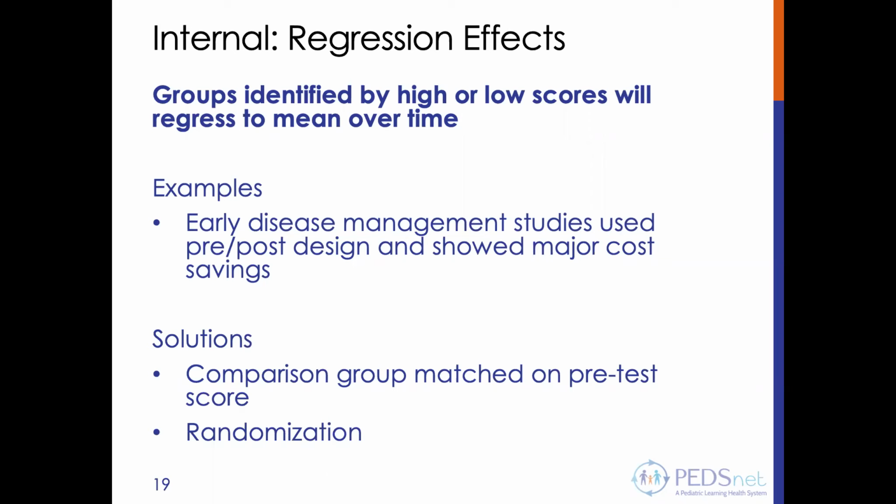They put them into a care management program, and then they showed in the subsequent year that the costs had come down. Well, when you looked at a comparison group that was similar and didn't get the care management program, you saw that there was regression to the mean. And these disease management programs were making all kinds of claims to employers that they were saving them money, but in point of fact, there was only regression to the mean, and the disease management programs actually had very little to no effect.